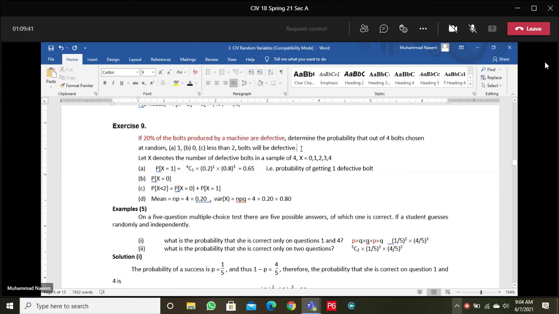We need to find 2 defective items in a sample of 4.